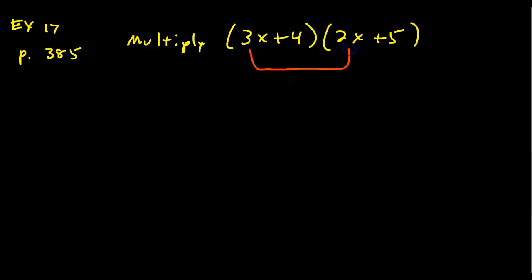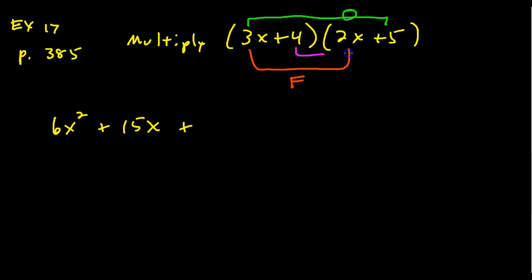First product is 6x squared, plus the outer product is 15x, plus the inner product is 8x.